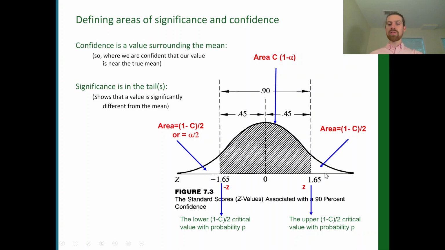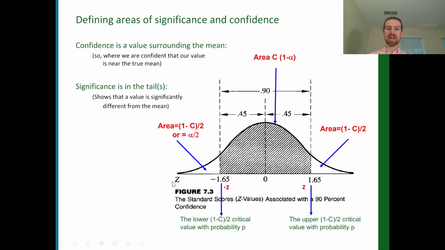But then we also have this additional 5% of values which fall above and below, and that's essentially where we're able to identify our critical significance level in each of the tails that we're going to come back to as we start to do more formalized hypothesis testing in the upcoming weeks.